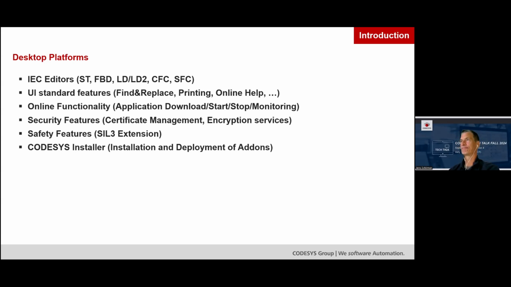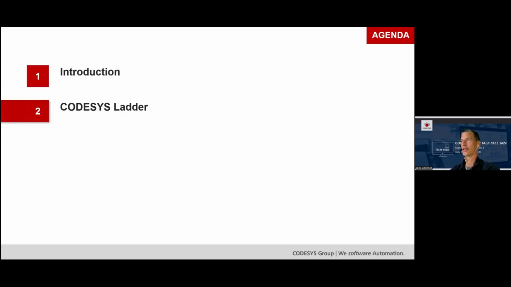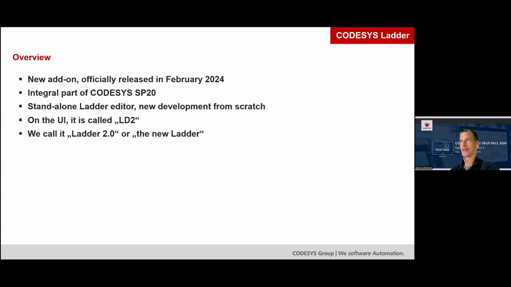All right. So let's focus on the CODESYS letter editor, the new one. It's a completely new development that we started 2 years ago, and it's a separate add-on that you can install, and it was released in February this year.